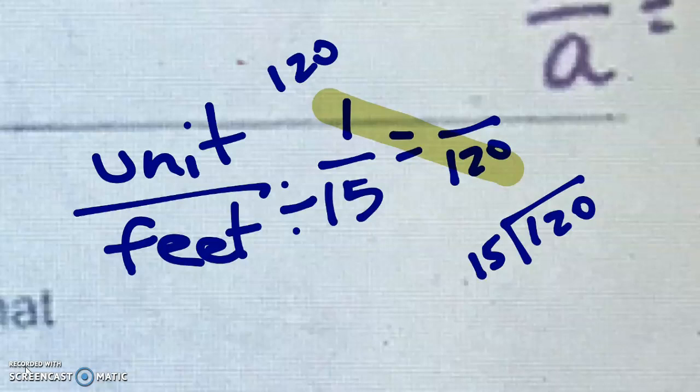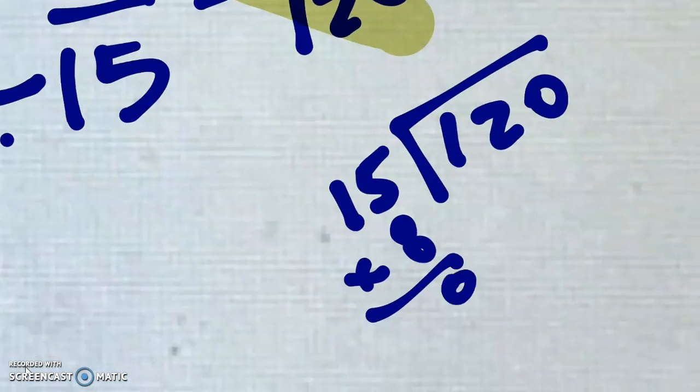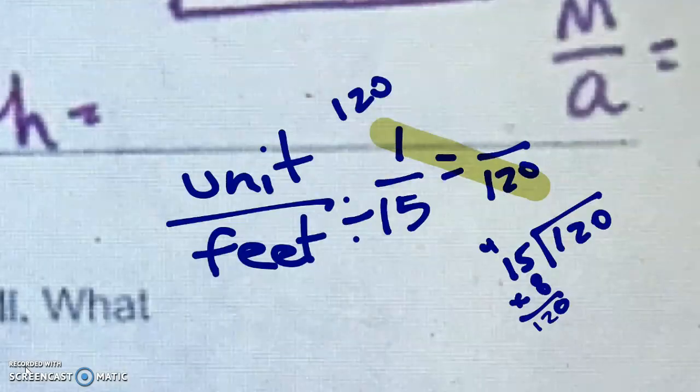Obviously, that's too much. So 120 is 30 less than that. So let's try 8. Let's multiply by 8 and see what it comes out to. 8 times 5 is 40. 8 times 1 is 8, plus the 4 is 12. So 120. So it is 8.